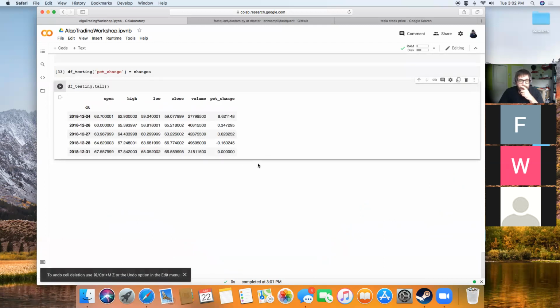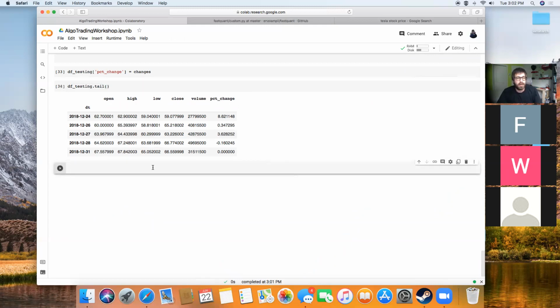Okay. So let's look at a simple histogram to see the percentage change, like how much does it vary. Now we added a column to the data frame called percentage change.